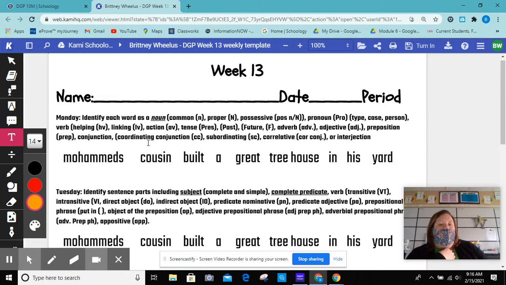A common noun is a what? A person, place, or thing. Any person, place, or thing. Okay? A proper noun is a specific person, place, or thing.